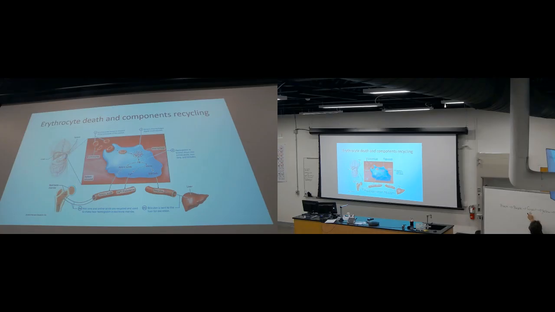But this pigment, this color, comes from biliverdin. And then biliverdin becomes bilirubin. So this yellow color comes from bilirubin, and then the normal color returns.